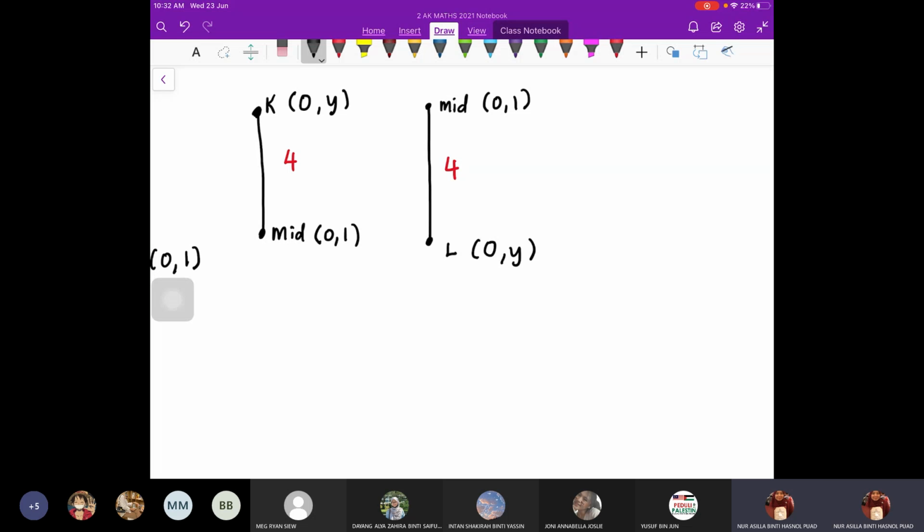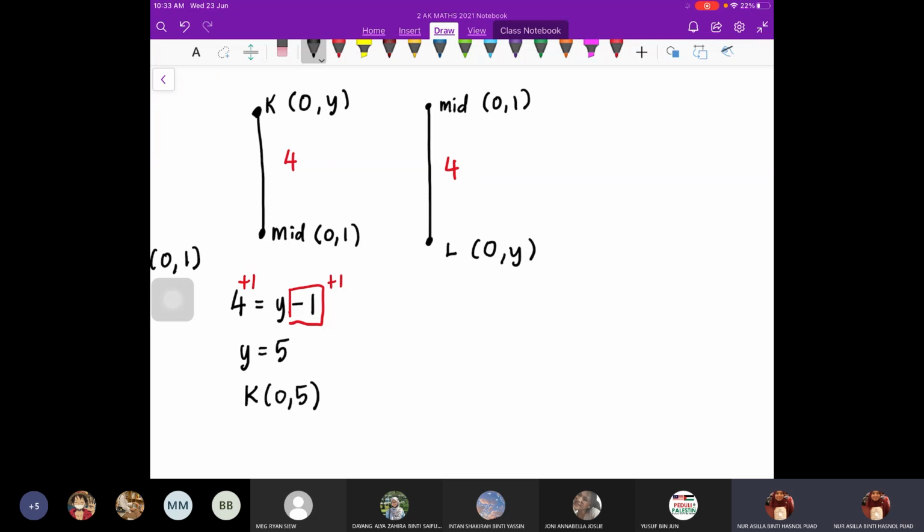Okay. So yang pertama untuk K, vertical distance adalah 4. Y lebih besar daripada 1. So Y minus 1. Okay, jadi kita nak eliminate negative 1 plus 1 plus 1. Jadi Y is equals to 5. So koordinat K saya adalah 0, 5.